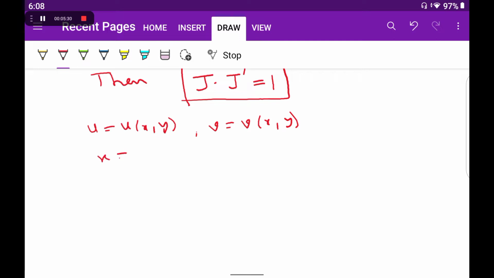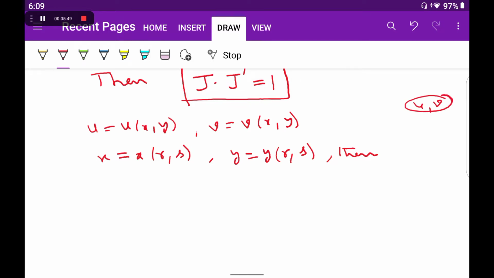Suppose x is a function of r comma s, y is a function of r comma s. Then in that case, u, v are functions of x, y and x and y are functions of r and s.